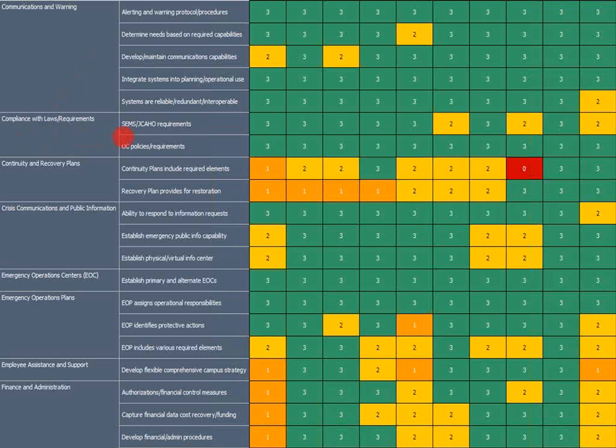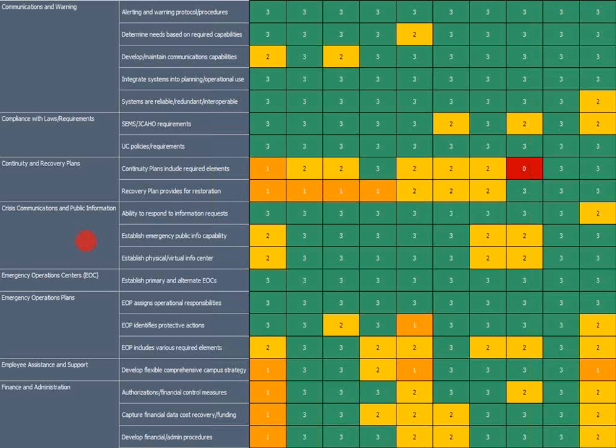So compliance with laws and regulations, such as Joint Commission requirements, how they are with their policies, continuity and recovery plans, that they have the plans there, crisis communications and public information, ability to respond to information requests, establishing emergency public information capability. We ask each campus, and they do this annually. Our goal is to be all green, and the only way you're going to do that is by greatly doing this.